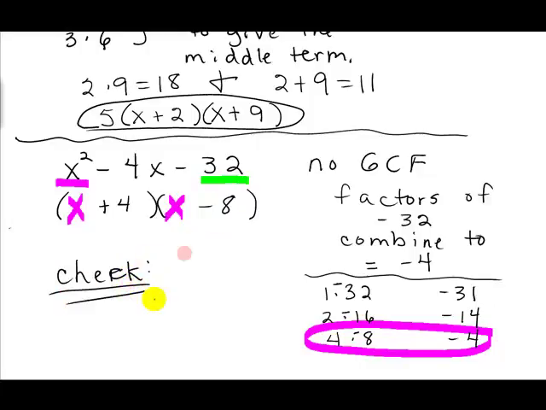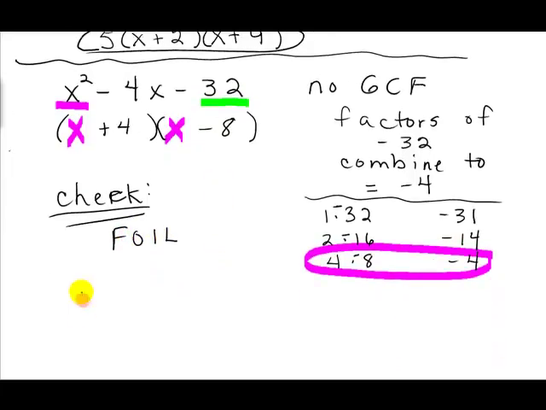To check this problem, we FOIL it. So when I take the x and the x, x squared, x times negative 8, negative 8x.